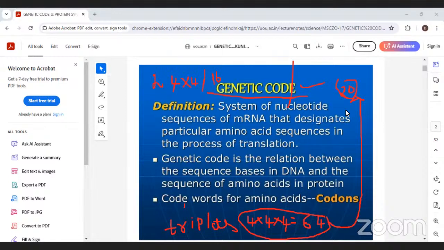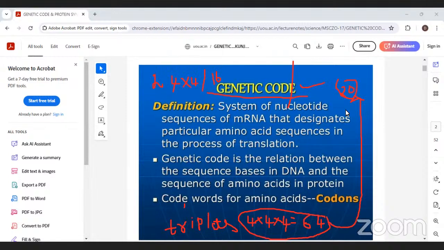Listen carefully. Such genetic codes are termed degenerate codes.